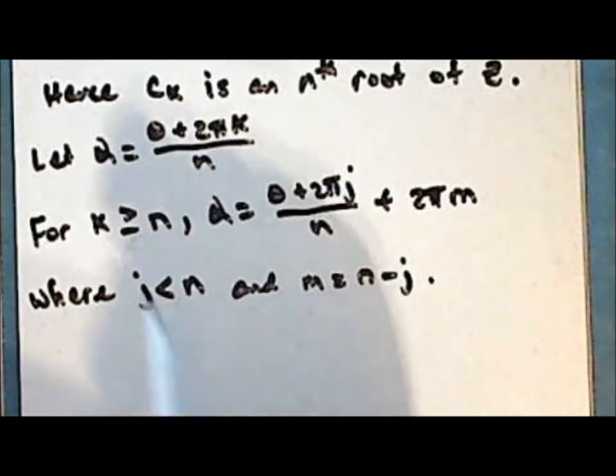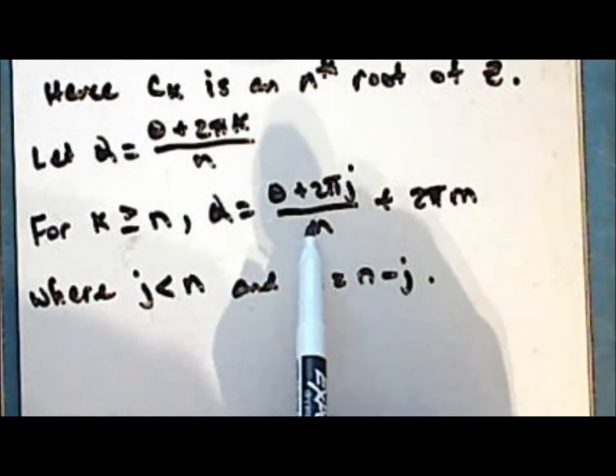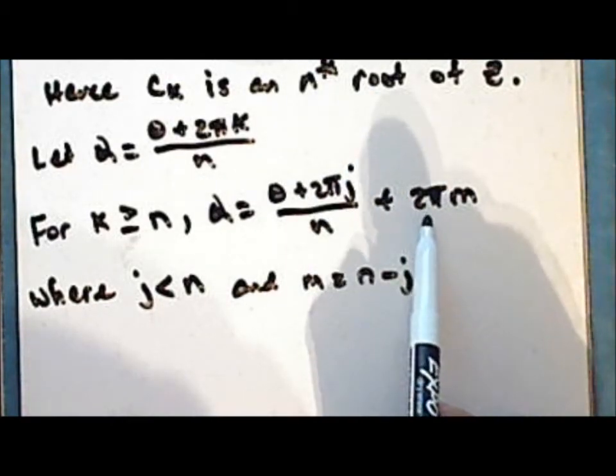So in other words, for all values of k greater than or equal to n, the argument can be written in a form such that it is a sum with a multiple of 2 pi.